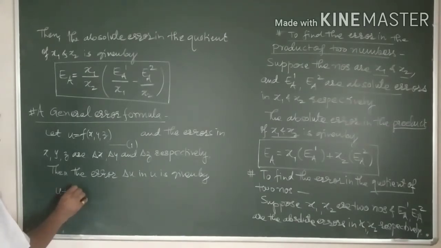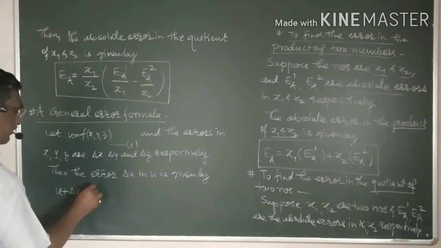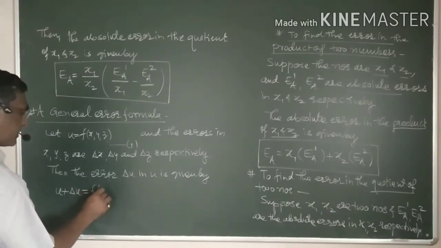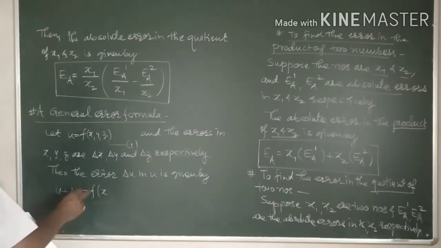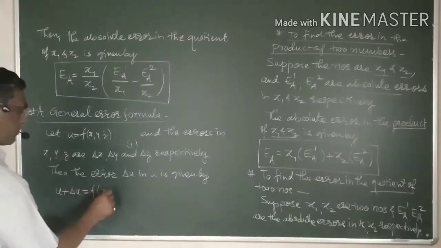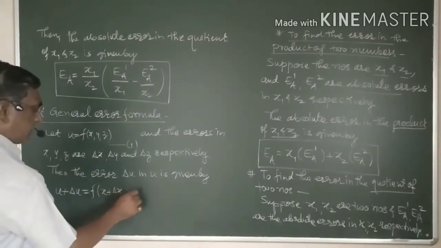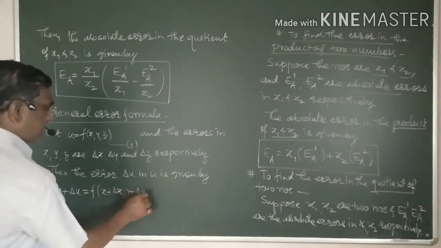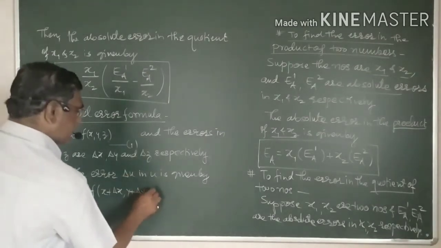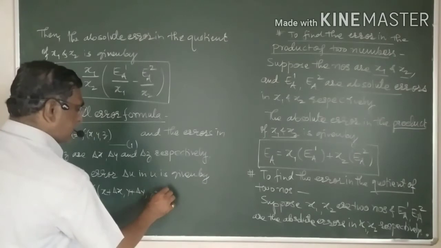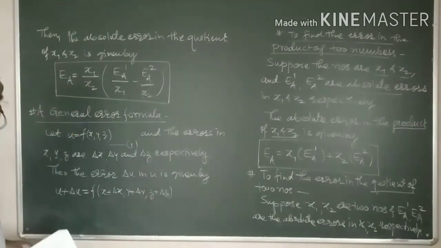u plus del u. Now wherever there is u, you need to replace it by u plus del u. Which means here f of x and its error plus del x, y and its error del y, and z plus its error del z.